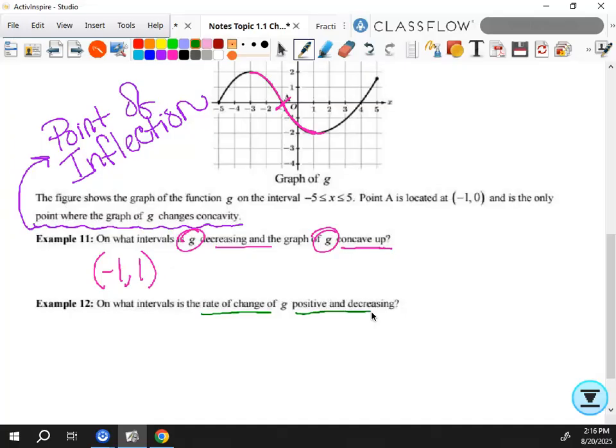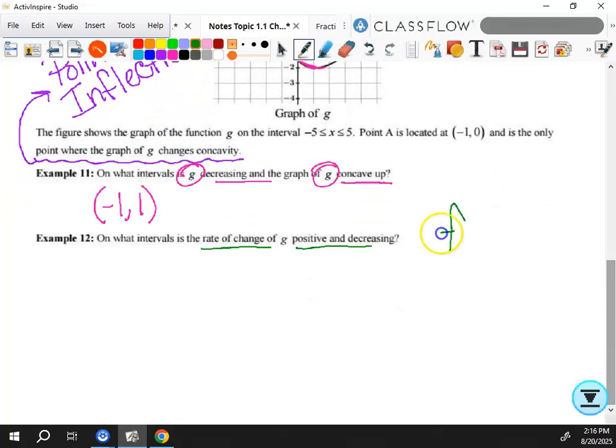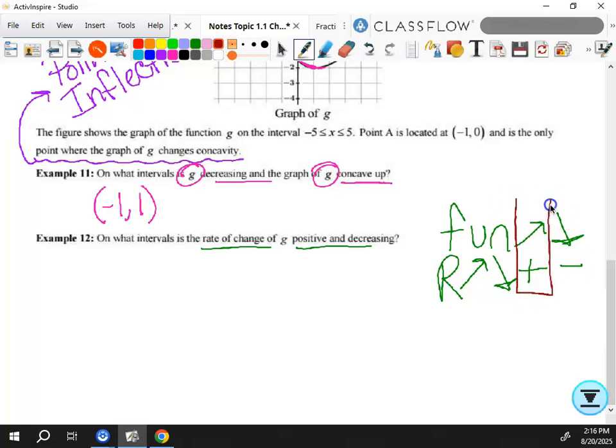All right, then on what intervals is the rate of change of G positive and decreasing? Do I need my fun chart? Yes, I do. So here's my fun chart. All right. So I want my rate of change to be positive and decreasing, which means I need my function to be concave down and increasing.